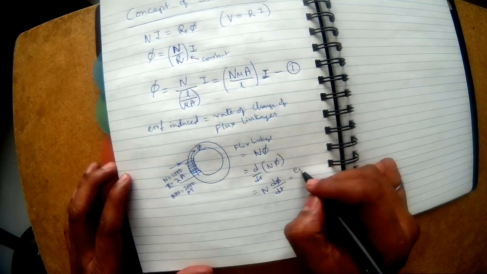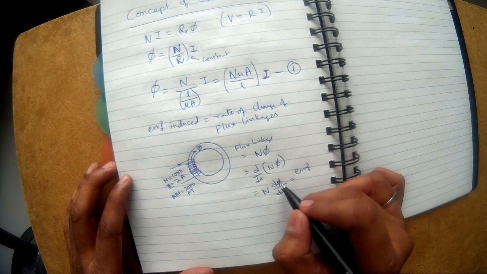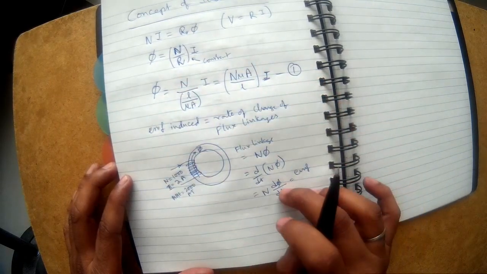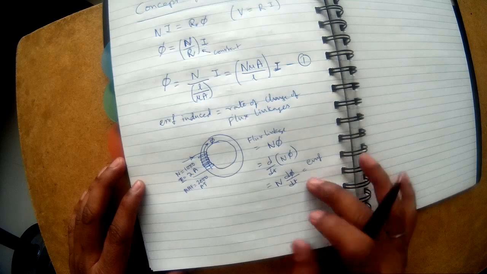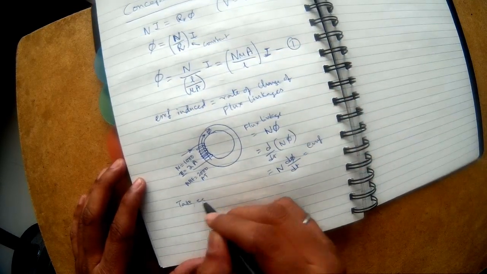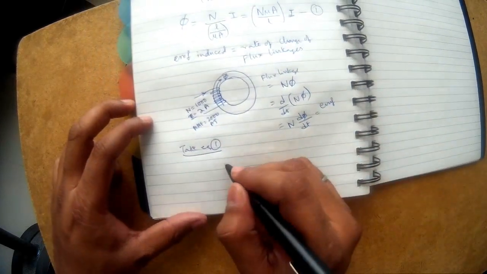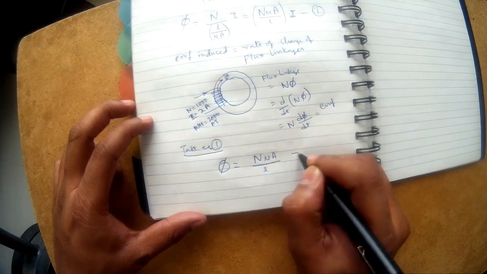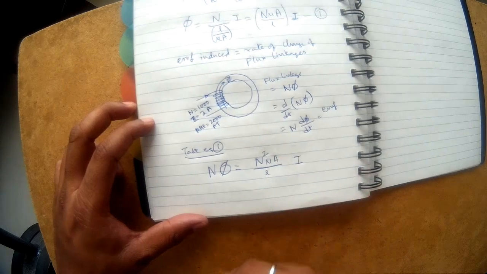Okay. But then let's see, because I have this value of phi here, I can bring this here and then we can find out what it is. Or what I'll do is I'll take equation 1 and write it here, flux equal to N mu A by L into I. Then I multiply N on both sides.